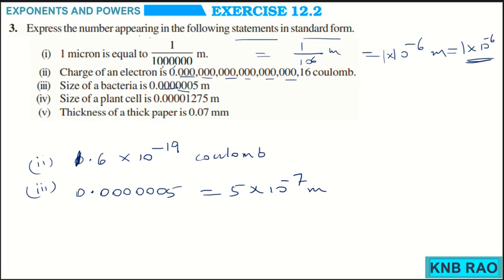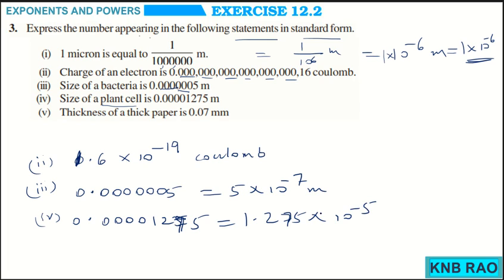Next, size of a plant cell is given in fourth question, where after decimal point there are 4 zeros and 1275, where 1.275 into 10 power minus 5 will be the standard form.